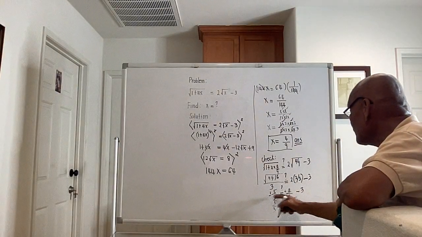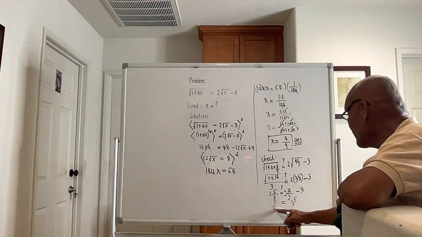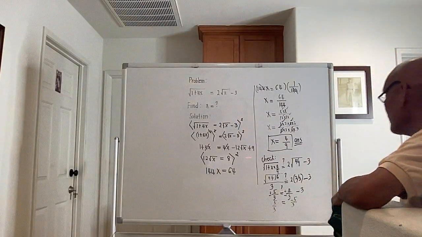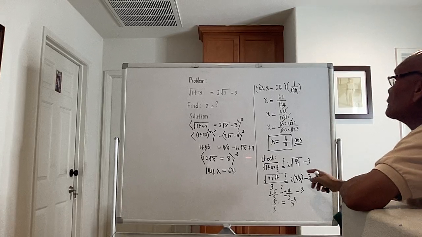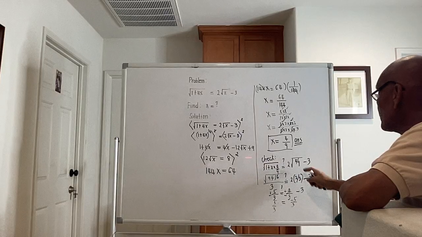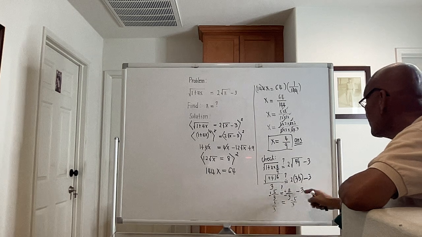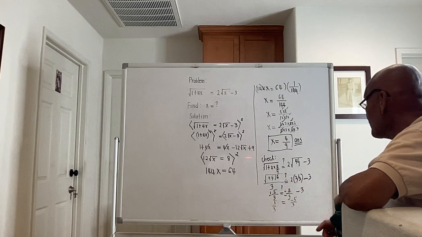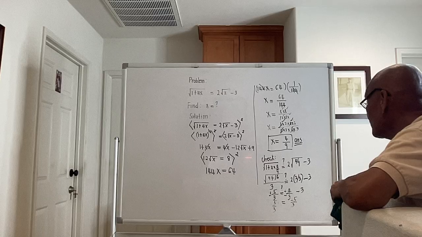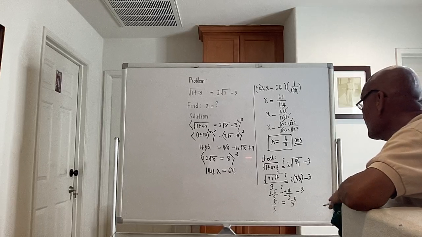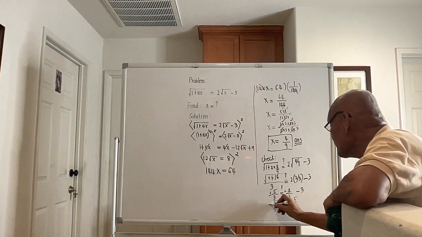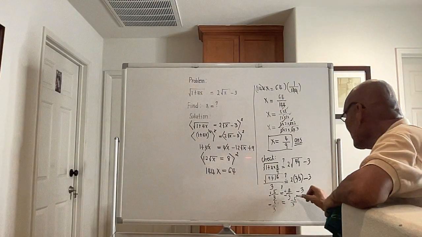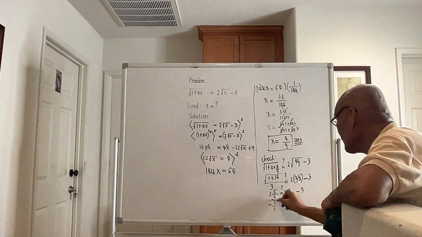If we use the plus, the left hand side will be 5/3 and the right hand side will be 2 times 2, which is 4/3, minus 3. We could use the minus here. So actually, we are correct.